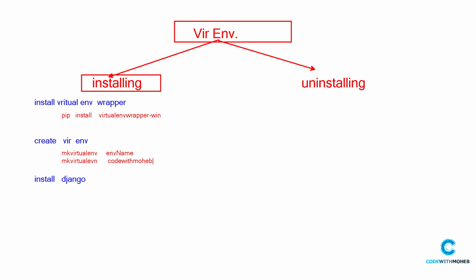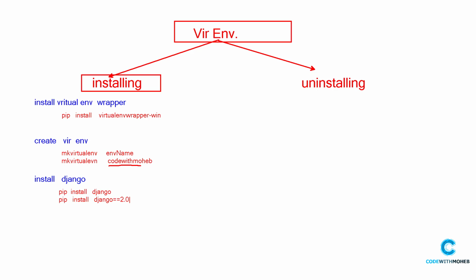This is the virtual environment name. And to install Django in this virtual environment, which is codewithmohib in our example, we simply type pip install django. Or if you want to install a specific version of Django, then we type pip install django==2.0, for example.